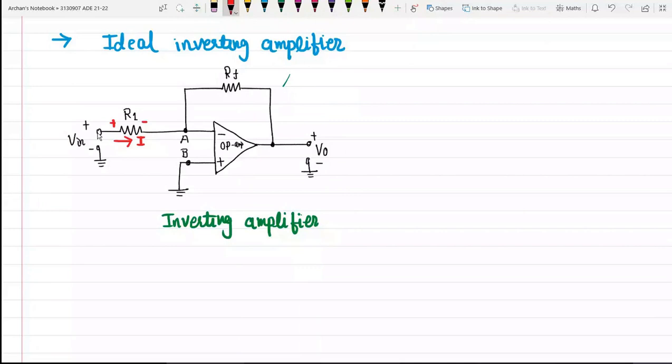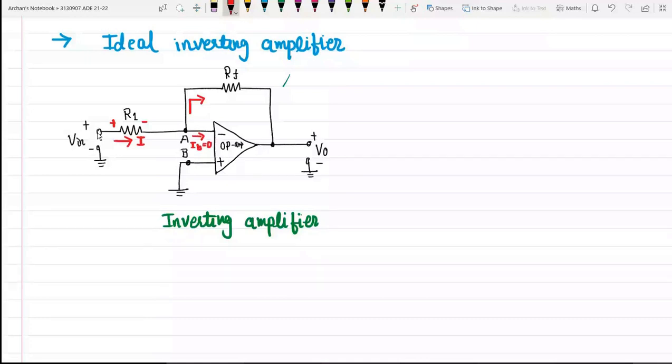Right. So at this terminal now there are two possibilities. One is the current will flow in this particular direction, and the second is that current may flow toward this input terminal, the inverting terminal. But as per our realistic assumptions, what have we assumed? We have assumed that input current is always 0. So what is going to happen?